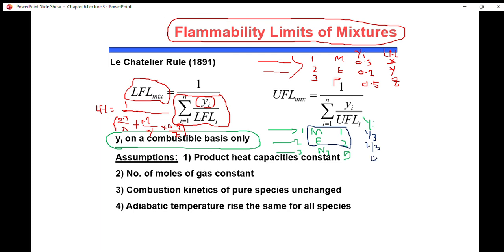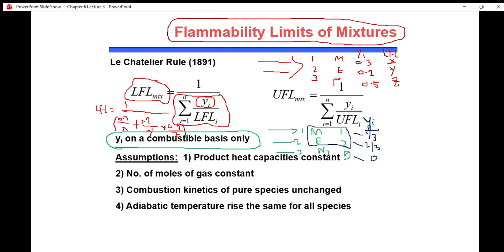Nitrogen has 0 value. So Yi for methane is 1 divided by 3, where I take the total number of moles, 1 plus 2, which is 3 moles, the components that are combustible or flammable, and nitrogen is excluded. That's how we always calculate Yi.